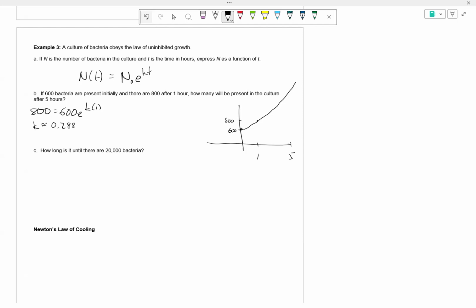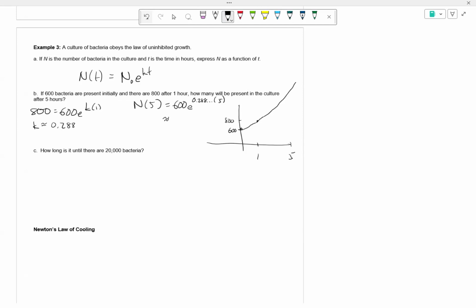Okay, Maya, so we're going to take that value that you got, and then what? The K that we found, times 5. So you have 600 times e to the 0.288, and I'm going to put dot, dot, dot in there, and then the 5.